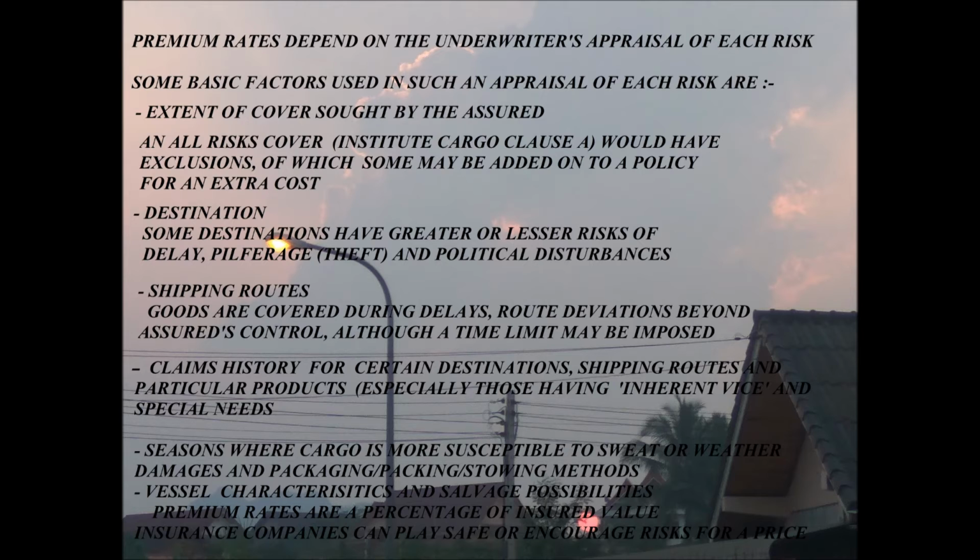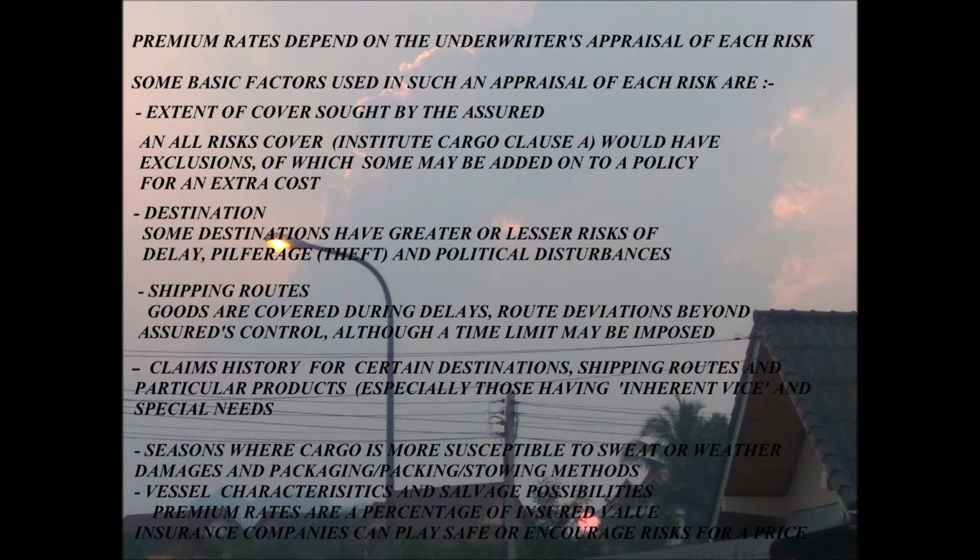Obviously, when we spoke about destinations and shipping routes, there will be some histories related to claims in those destinations and shipping routes. But there'll also be some history related to particular products, especially those having inherent vices.